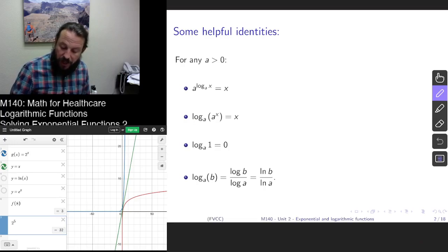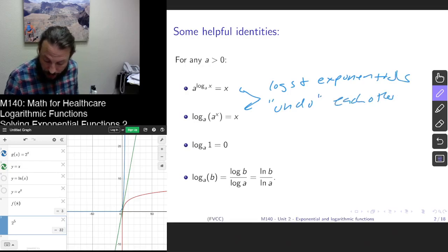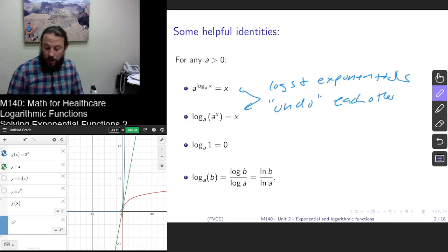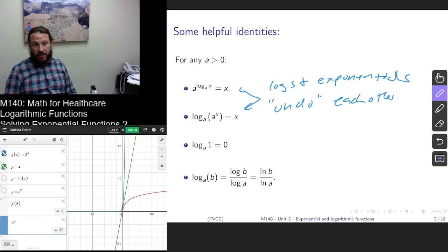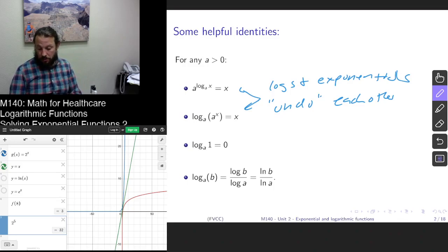And log base a of a to the x is equal to x. So again, these two tell us logs and exponentials undo each other. And log base a of 1, no matter what the base is, is always going to be 0, because what do I raise a to, no matter what it is, to get 1? It's 0.